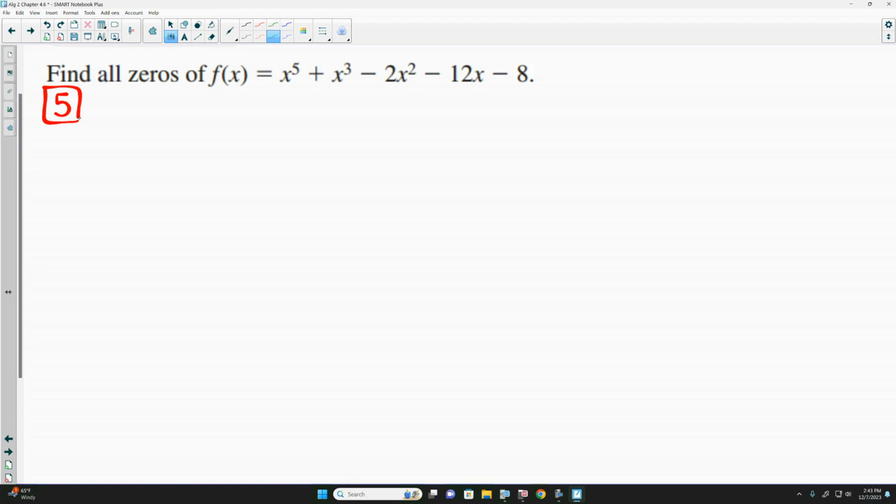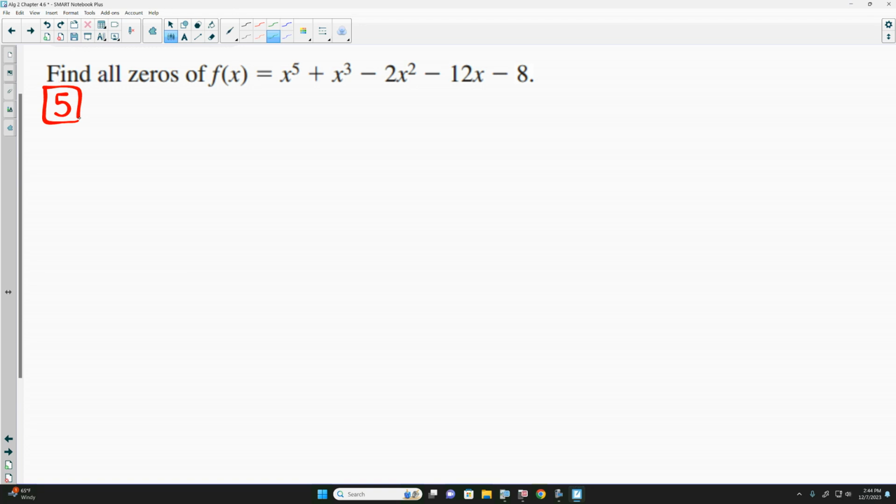But looking at this here, the number that we need to find at least is 3. Because if we find 3 solutions, we can use synthetic division to take it from a 5th degree polynomial down to a quadratic. So there are 2 ways to go about this. One is that we list out all the rational zeros and then try them one at a time to see which ones work.